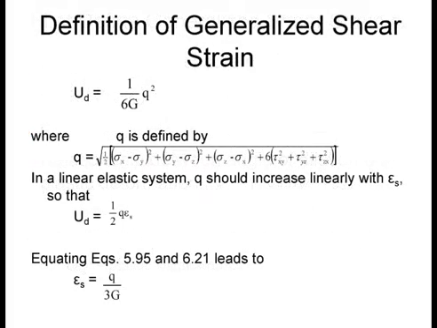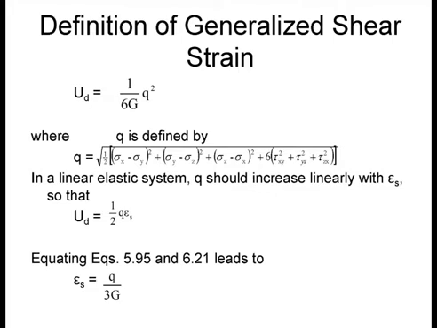Okay. Now, I won't go into the definition of the generalized shear strain, because it is again based on the idea that the deviator stress multiplied by the generalized shear strain is a proper measure of the energy of distortion. This is how it worked out, but we do not need to go into the detail.